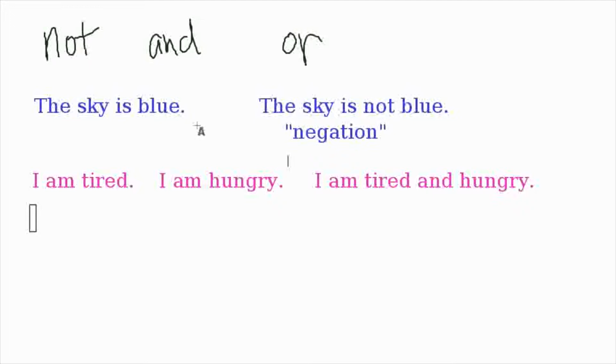The important thing to know about the and is that both parts have to be true. Okay? So suppose that I was tired, so that's true. But suppose that I wasn't hungry, so that's false. Okay, I'm still tired, but I'm not hungry. Now the third statement, I am tired and hungry, it's not true that I'm both of those. Okay? So that one is false. Do you see what I'm getting at?